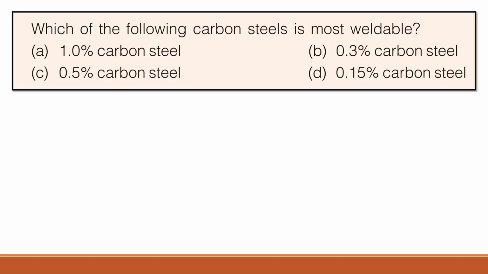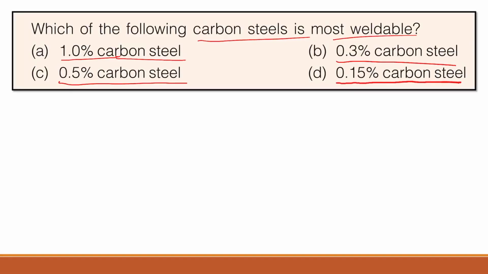Which of the following carbon steels is most weldable? Here the options are 0.1% carbon steel, 0.3% carbon steel, 0.5% carbon steel, or 0.15% carbon steel. For a steel to be weldable, it should contain a low percentage of carbon.